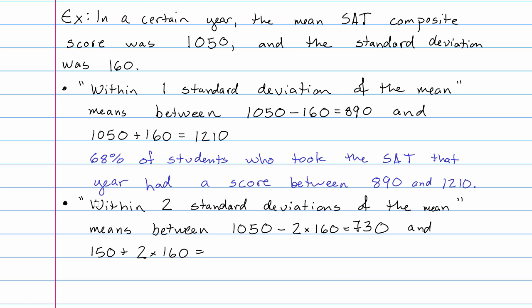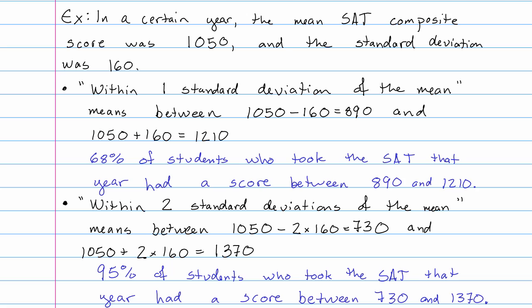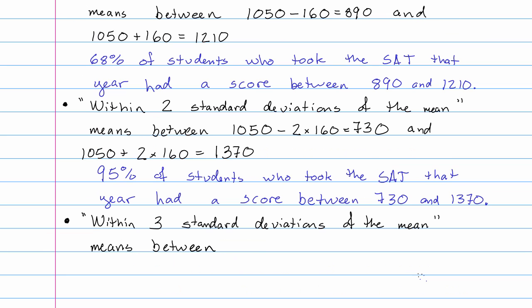Sorry, the mean is 1050. So 1050 plus 2 times 160 is 1370. So this means that 95% of the students who took the SAT that year had a score between 730 and 1370.